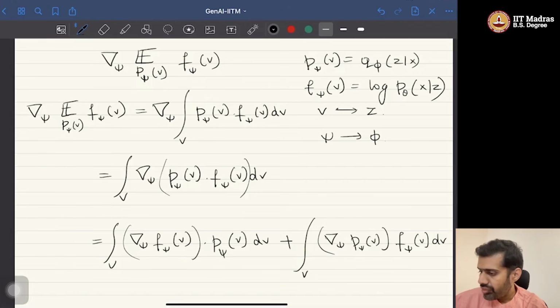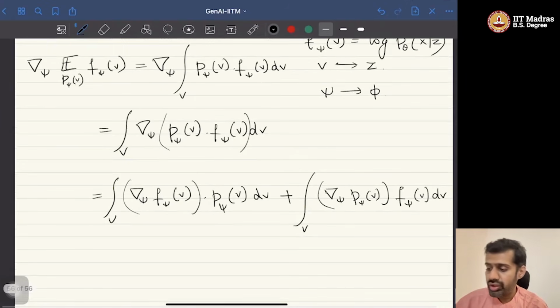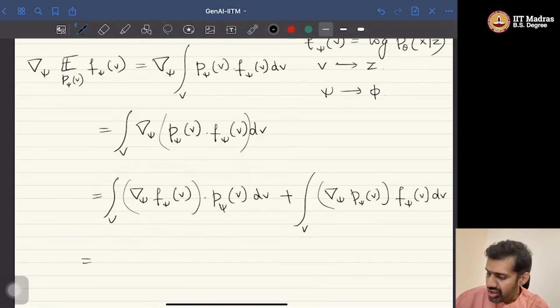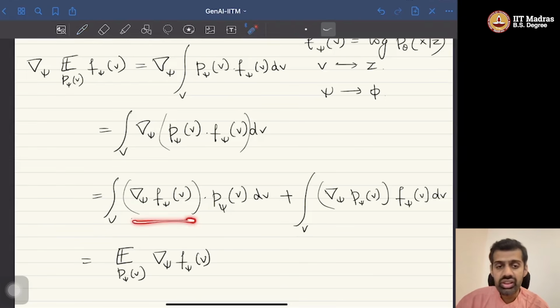Just applying the product rule of differentiation. Now, what is the first term? If you look carefully, this can be written as another expectation, of the gradient of f psi of v with respect to the distribution p psi. Because the gradient of f psi is a function, and we have the density function here, and the integral of the density function times some function is an expectation by definition.